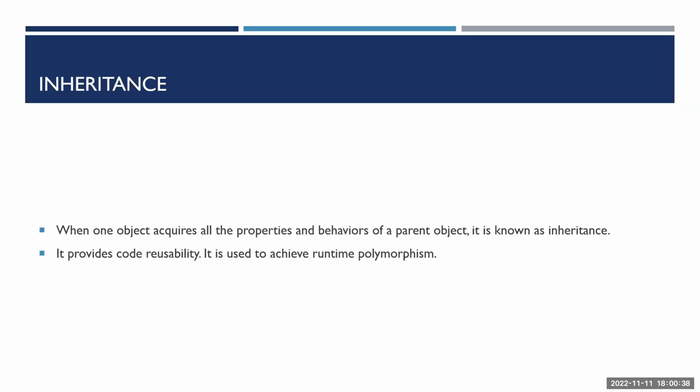You can relate it to your family chain: your grandparents, then your parents, then you. You inherit some properties from your parents, and your parents inherit some from their parents, your grandparents. So if you, as an object, acquire all the properties and behaviors of your parent object, this is called inheritance.